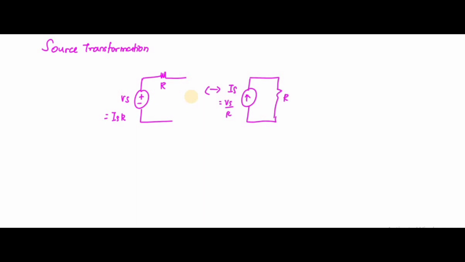The given problem is: calculate the Vx in the circuit using the method called source transformation.